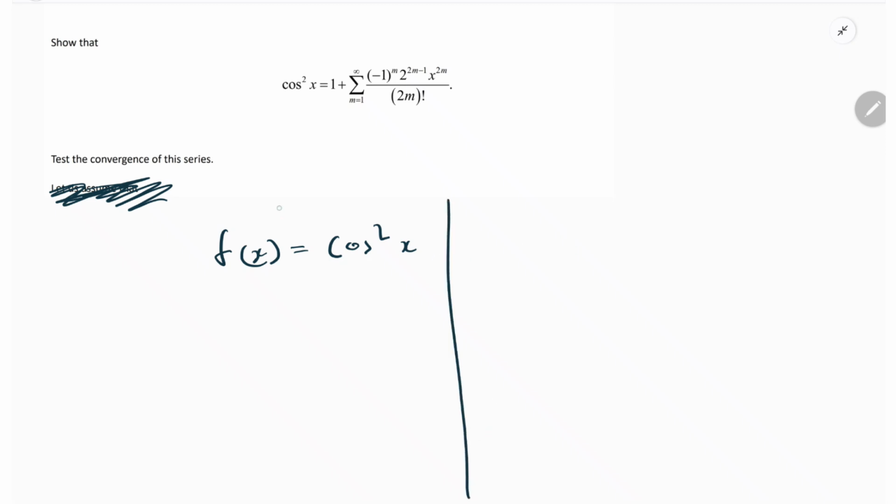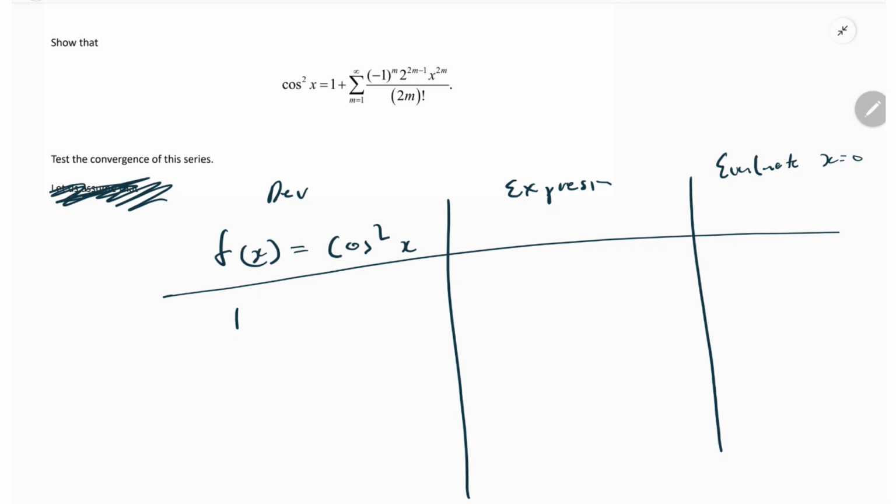These are our derivatives, and then let me see this expression, trying to simplify it, and I'll evaluate it at x is equal to 0. Okay, cool. So let's try to find the first derivative of this.